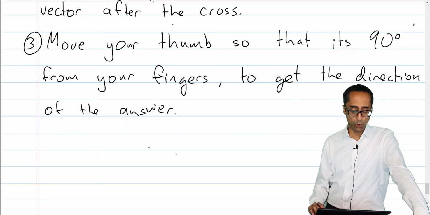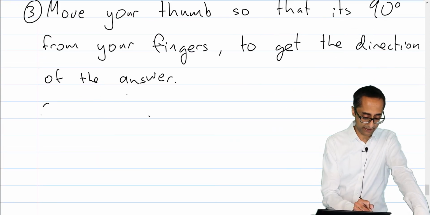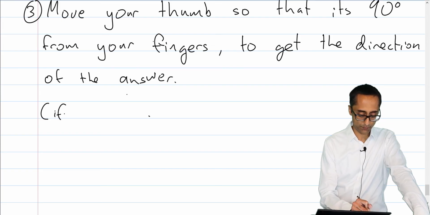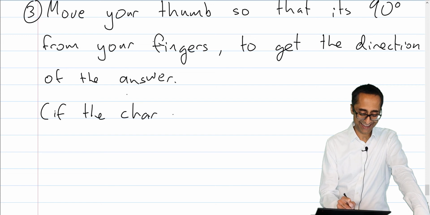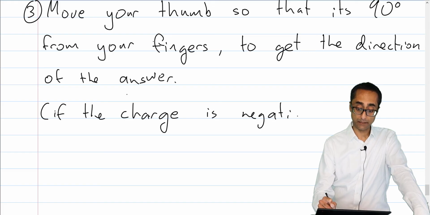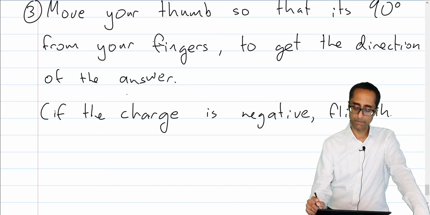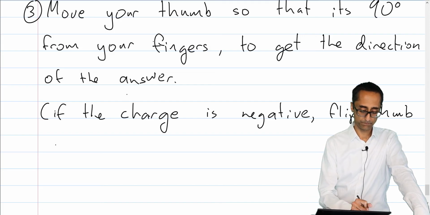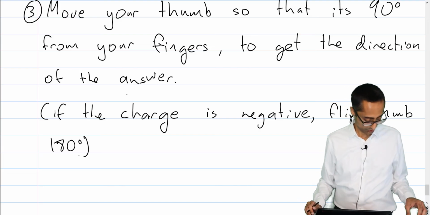All right, the only exception to this is if you're doing this for the Biot-Savart Law specifically, and the charge is a negative. Then you flip your final answer, your thumb, 180 degrees. All right, there we go.